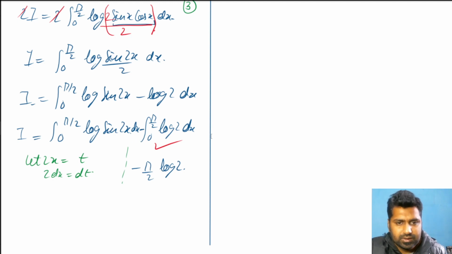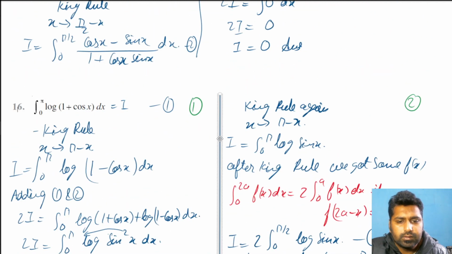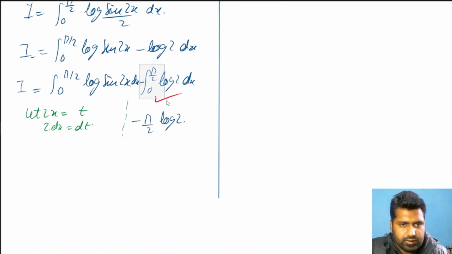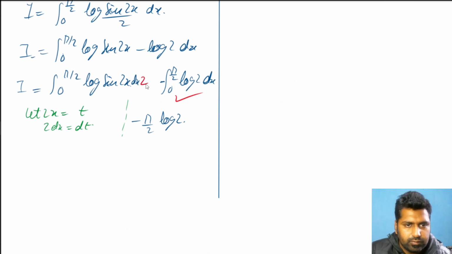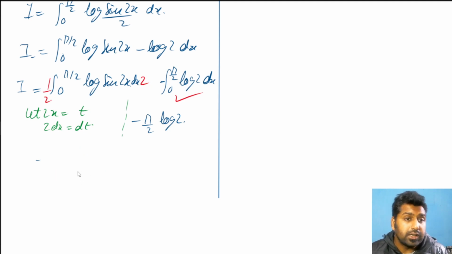I'm shifting this here. So now multiplying by 2 and dividing by 2, I becomes 1 by 2 integration 0 to pi by 2, with the substitution 2x, dx becomes dt. Now we are doing a definite integral, so if I'm changing the variable, I should change the limit also.